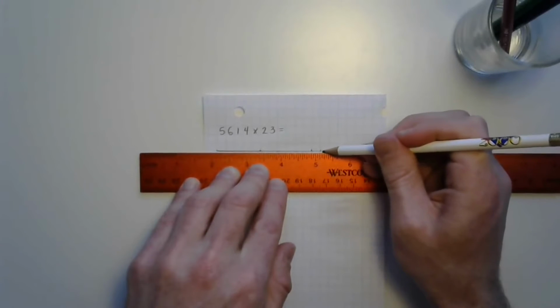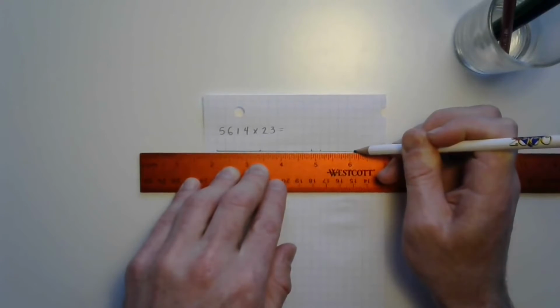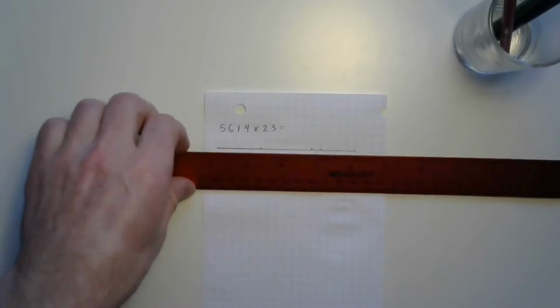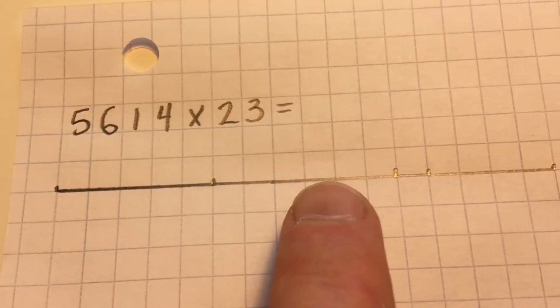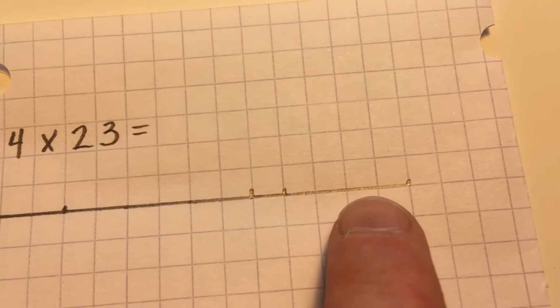And then there's 4. So your line should be notched at 5, 6, 1, and 4 squares. And I'm going to give you a close-up look to see what that looks like. Check it out. 5, 6, 1, 4.